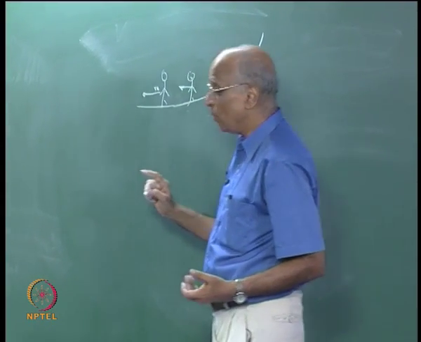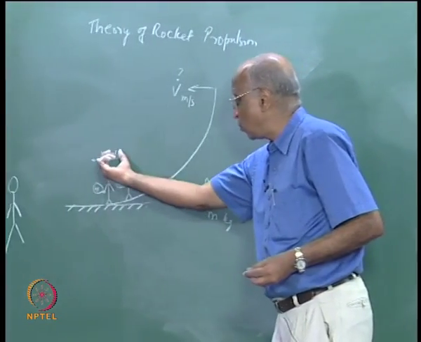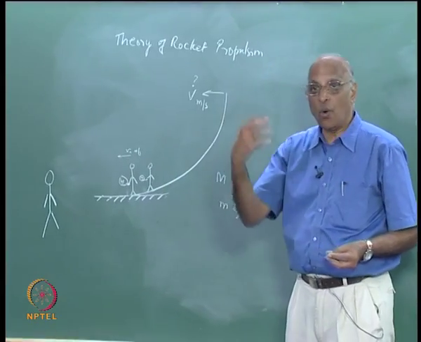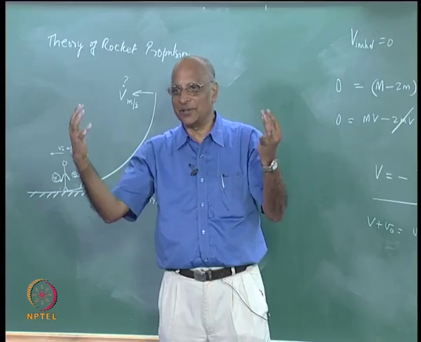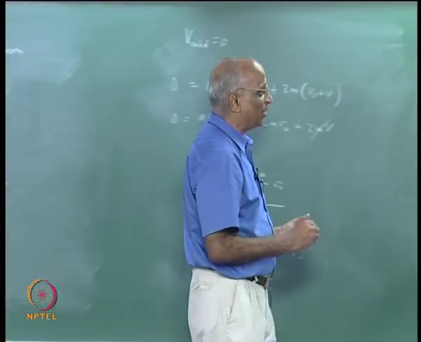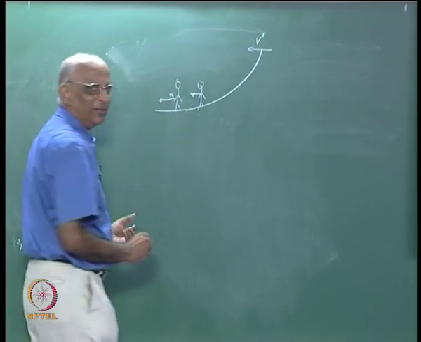They do not throw the stones simultaneously, that is 2m mass of stones thrown together, but rather one stone after the other. If the stones are thrown one after the other, what will be the final velocity of the sled? I call it v prime. What should be the value?